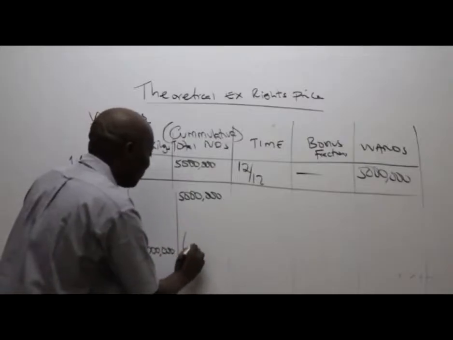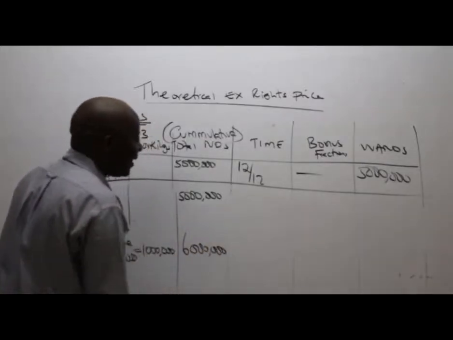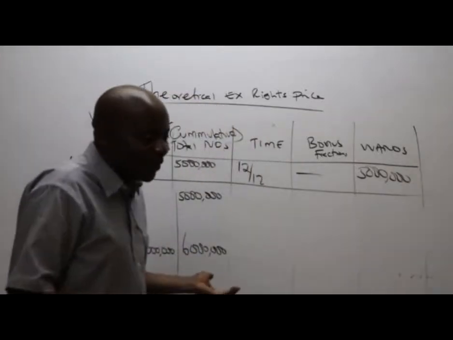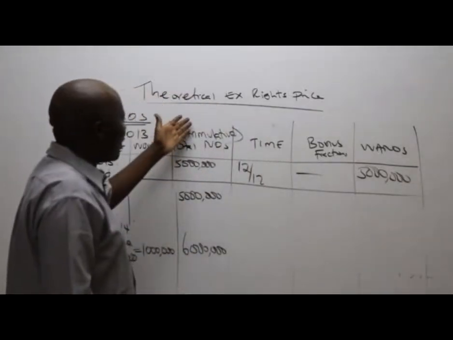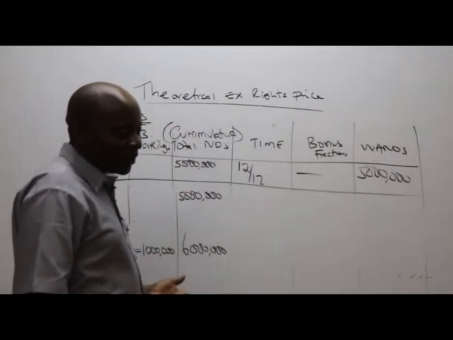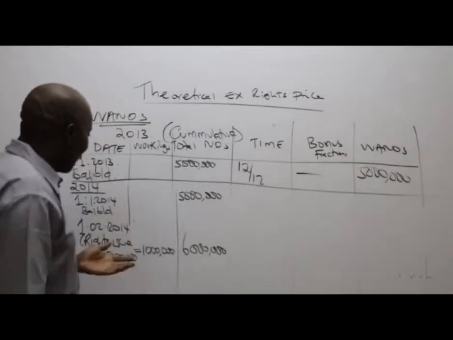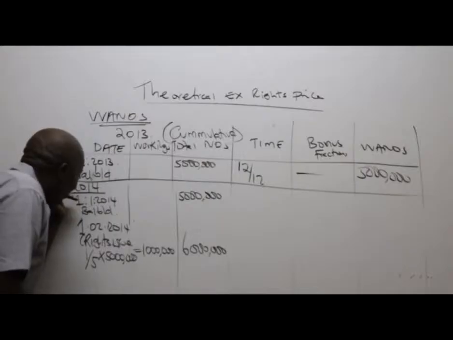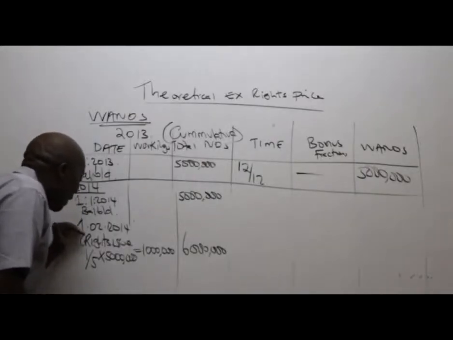6 million. Now, ladies and gentlemen, listen to me very well. There is no other transaction that happened in the year 2014. So from there, you start counting months. First you start from our opening date to the next date when we had a transaction.